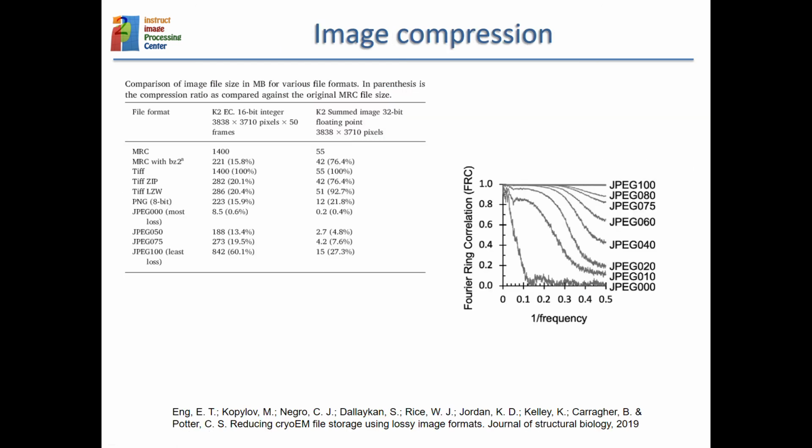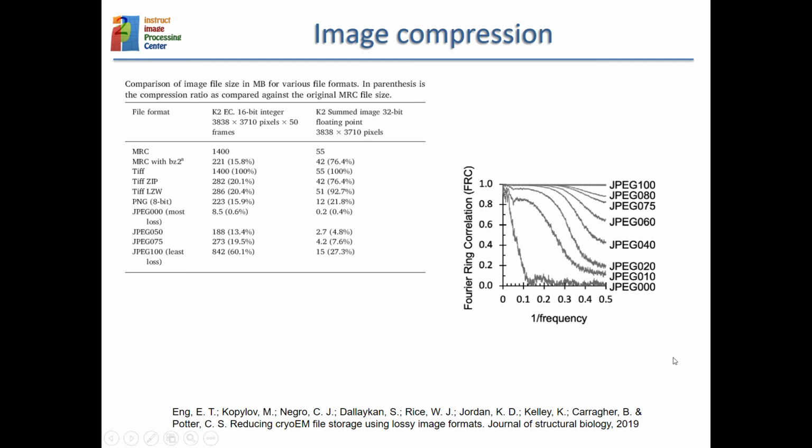Another interesting idea related to this acquisition is the possibility to compress the original information into file formats that occupy less space. Image compression can be lossless, so you haven't lost any information at all, but they compress less. Or it can be lossy, so you can lose a little bit of information, but then you can compress much more.